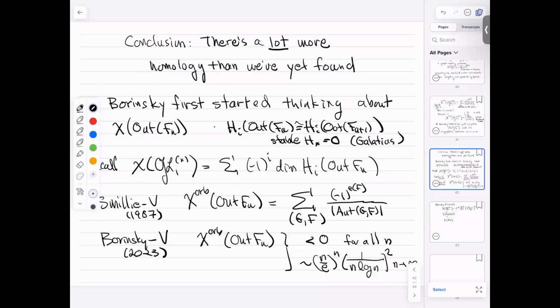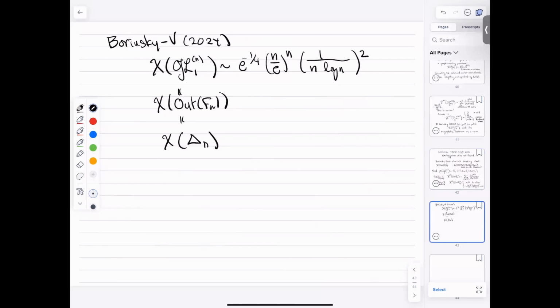Maybe the last thing I'll say, since I'm trying to catch a bus at 12:30: in a paper that just came out, we actually calculated the actual Euler characteristic of Out(Fn), not the orbifold Euler characteristic, and its asymptotic behavior. It's pretty close.